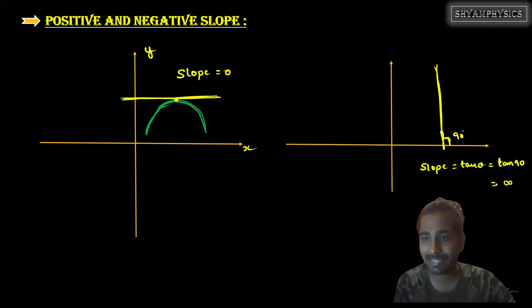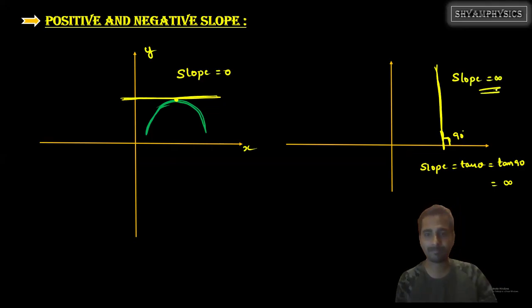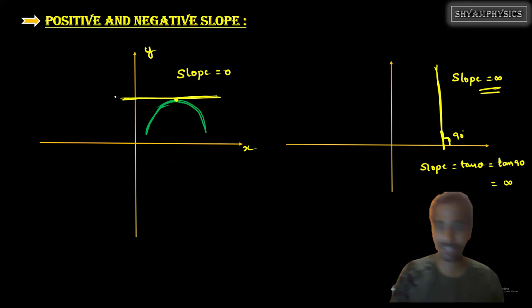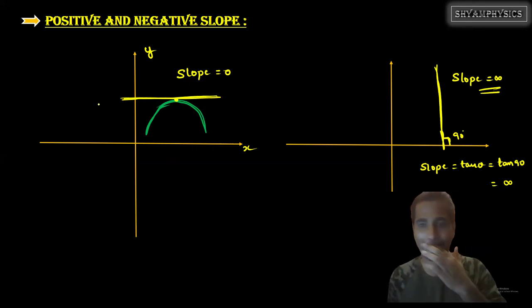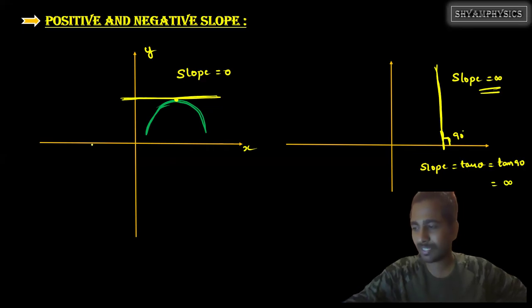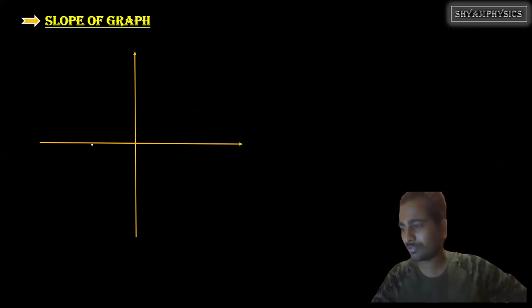What is tan 90? Indeterminate form. It is infinite, we call it. Means in this condition, the value of slope is equal to infinity. Here angle is 0, so tan 0 is 0. If it is 90 degree, then slope will be infinite. Clear my point? Hope it is understood.